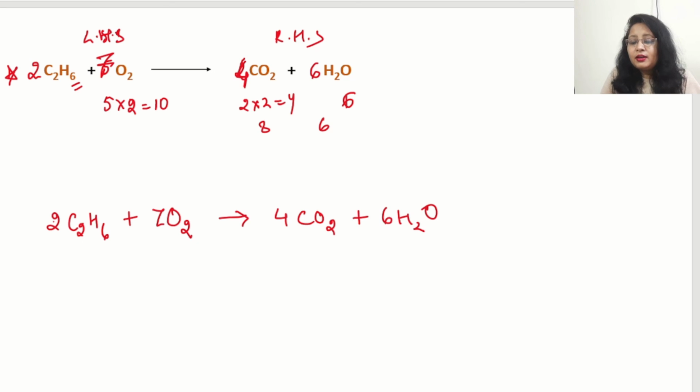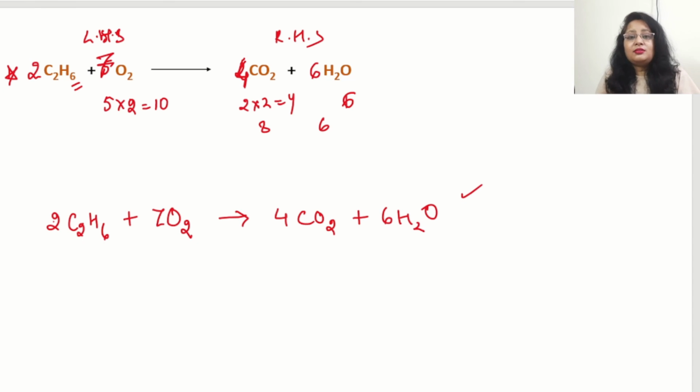Check again. Carbon 4, carbon 4, oxygen 7 2s are 14, oxygen 4 2s are 8 plus 6, 14. Hydrogen 6 2s are 12 here, hydrogen 6 2s are 12. The reaction is balanced now.